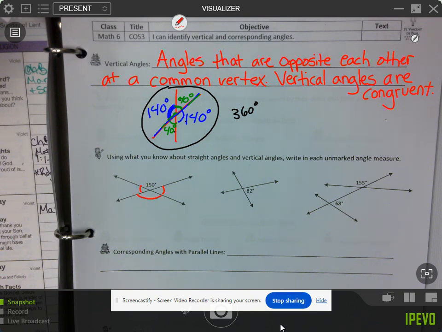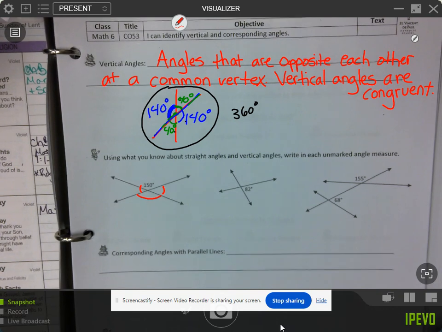What measurement can I fill in right away, Jimena? It's like on the other page, on the page before. So it was 150 and 150. Oh yeah, it is. What are you talking about? These are the same page.